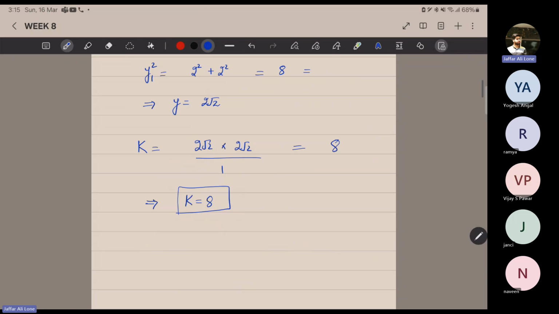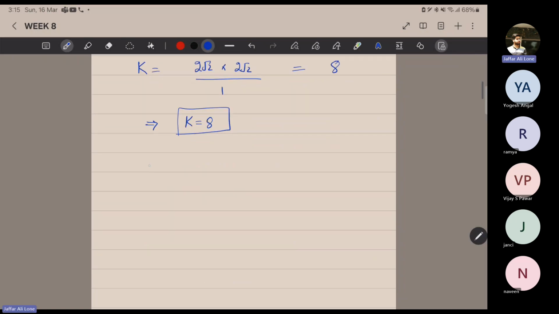It means the magnitude of k divided by s into s plus 4, at s equal to, let's label it s1, is equal to 1, where s1 is minus 2 plus 2j. Since this point lies on the root locus, the magnitude condition is satisfied.